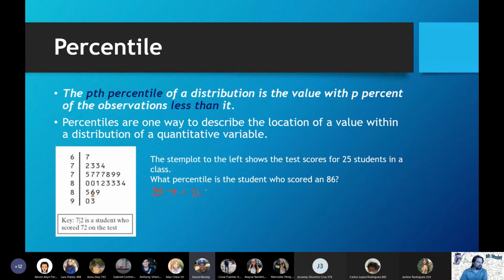So to calculate the percentile, I'm going to take the 21 and divide it by the number of scores. We'll get out our calculator: 21 divided by 25, and we get 0.84.